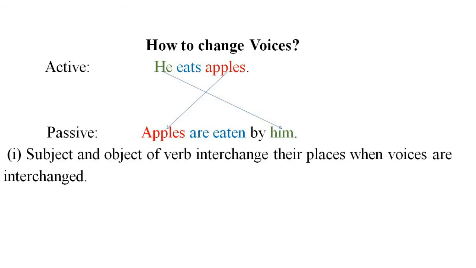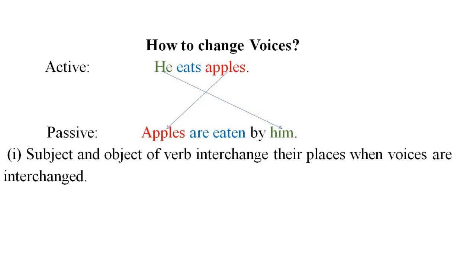So here apples are subject and are eaten is verb. Him is object. As you are seeing, we interchange the place of subject and object when we change active sentences into passive. So in this way, the subject and object of verb interchange their places when voices are interchanged.